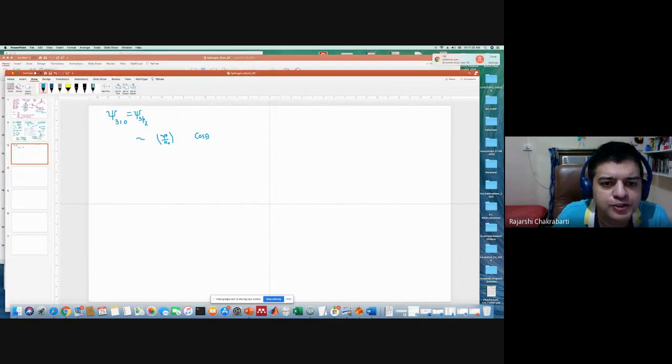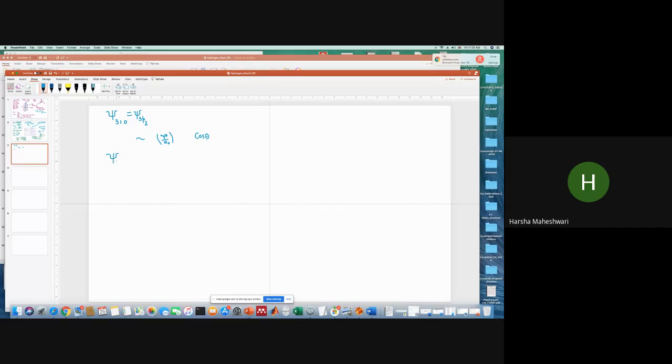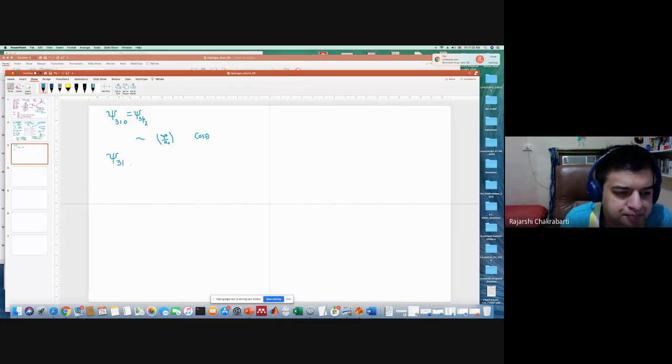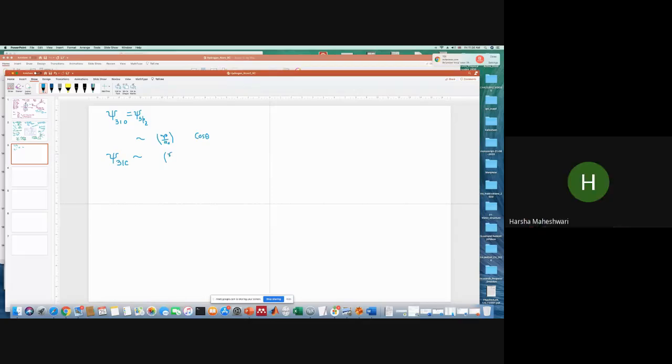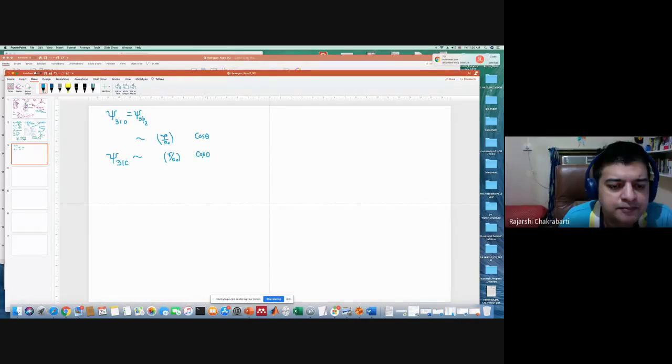So for pz it has to be cos theta. You understand? For the other one, if I write down for example psi 3 1, say call it c for cosine, what will be the function? Tell me. It will be again r by a0, not cos theta, sorry, sin theta cos phi.